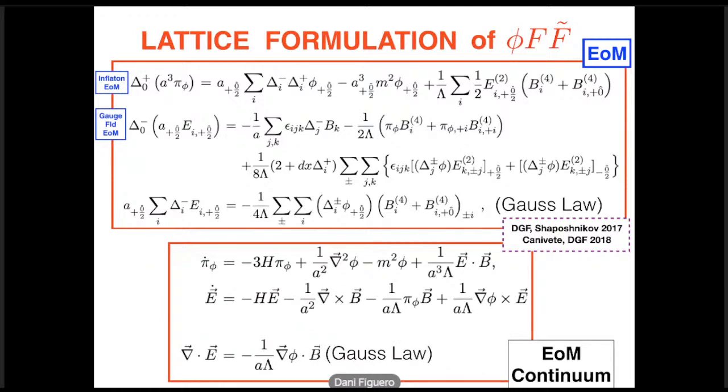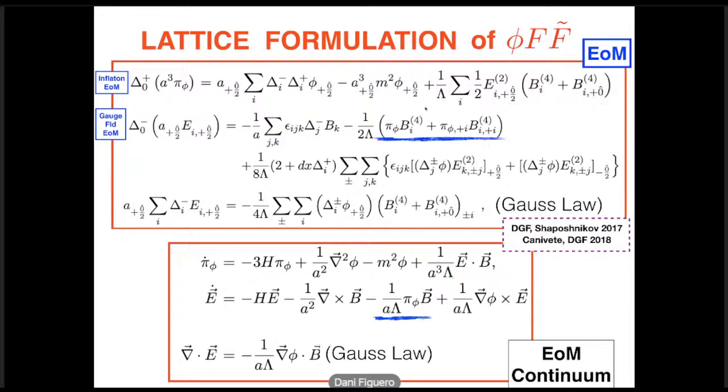So just for you to understand a little bit this system of discrete equations I put here in the top box, if you look at the bottom box, what you see are the continuum equations, and now I match the terms that I represent on the lattice. You see this bilinear combination of plaquettes of electric fields times a semi-sum of 4 plaquettes of magnetic fields represents this source term.